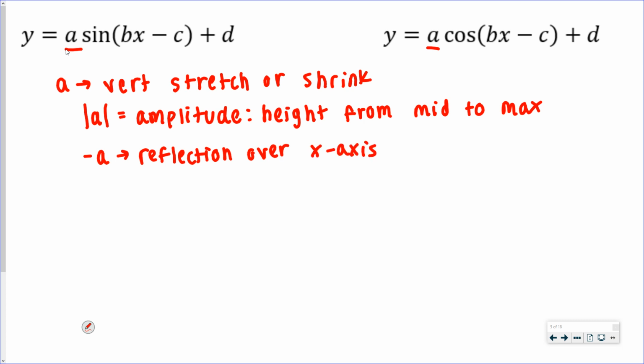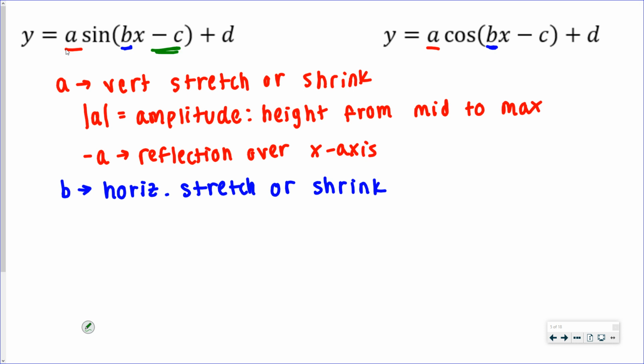Okay, so we just looked at that on Desmos. Then we looked at horizontal stretches and shrinks. That's what B is. So B and C kind of go hand in hand because they both affect your period. B, technically the transformation, is a horizontal stretch or shrink, depending on what the number is.